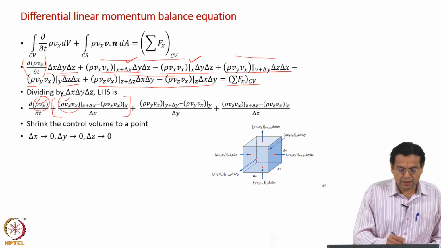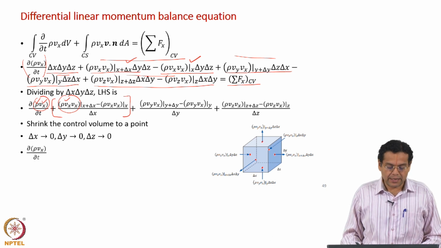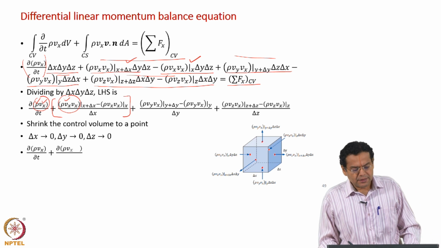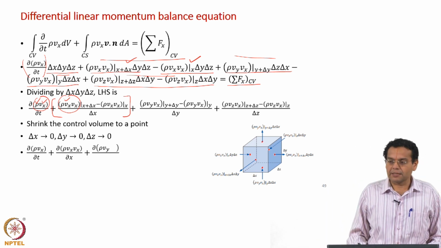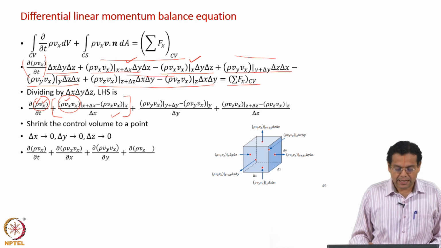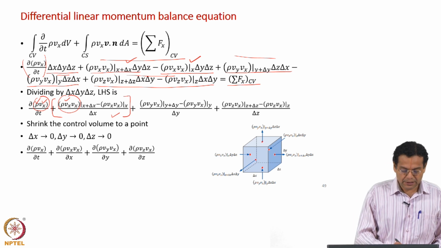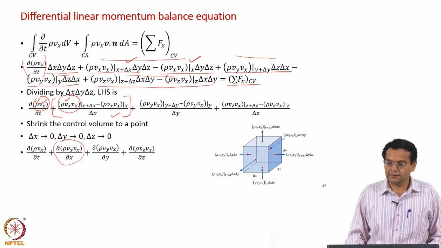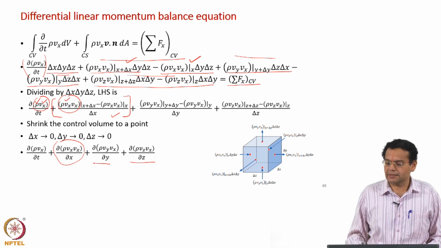These were average values in the face, they also become point values, and hence you get a differential equation where now all the variables represent point values. And of course this derivative, as limit delta x tends to 0, becomes a partial derivative dou by dou x of rho Vx Vx. Similarly, in the y direction, similarly in the z direction.